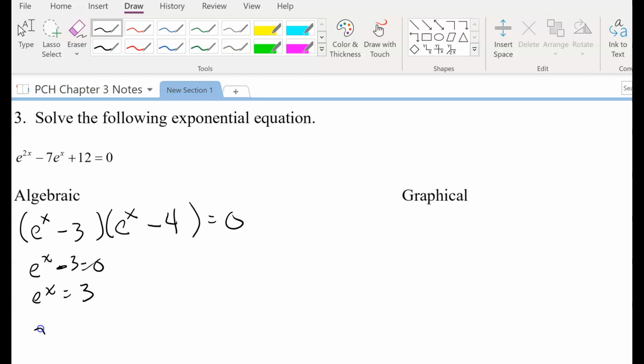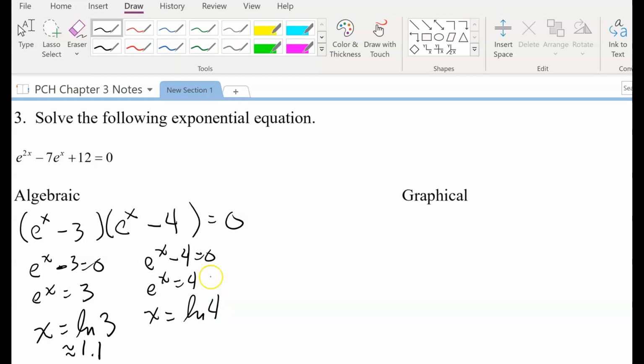We'll take the natural log of both sides, and x is equal to natural log 3, which is about 1.1. And then e to the x minus 4 is equal to 0. So e to the x is equal to 4. So the exact answer is x equals natural log 4, taking the natural log of both sides, which is about 1.39.